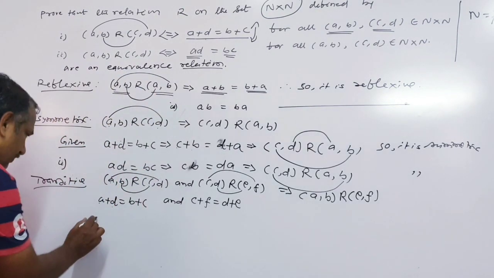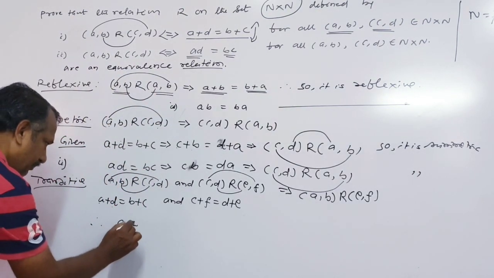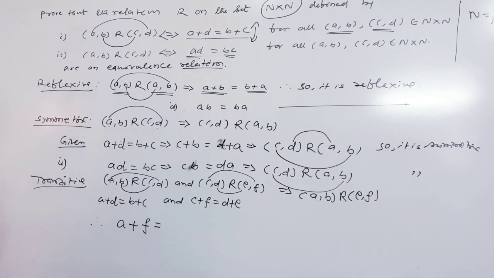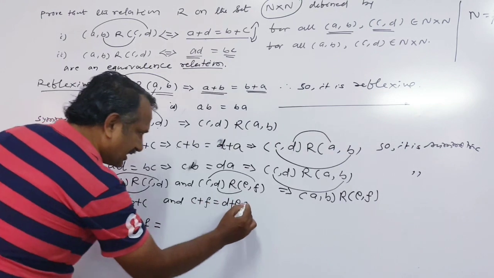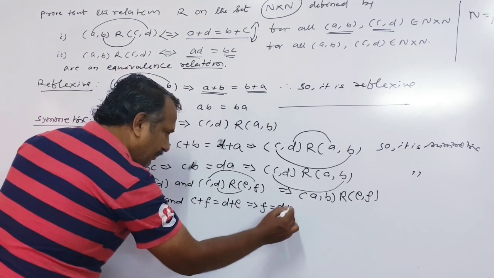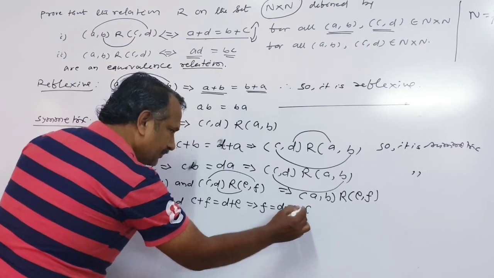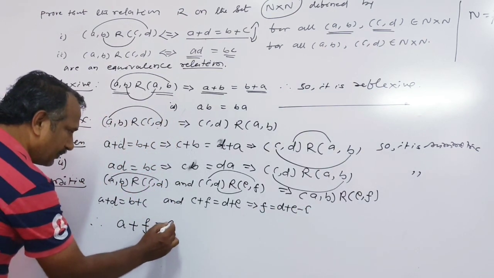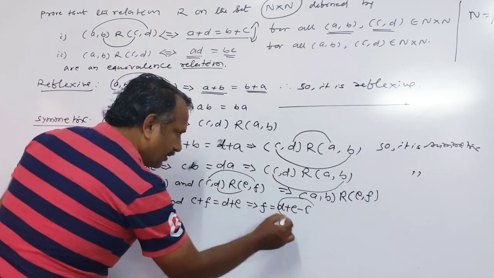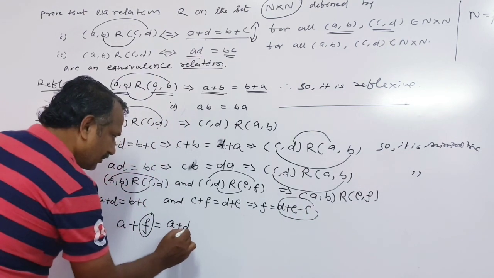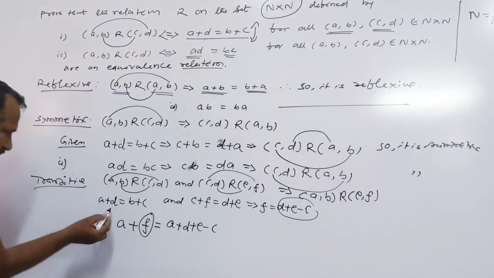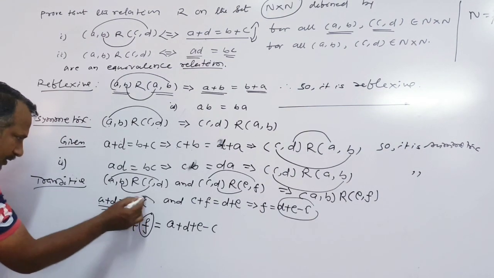Now therefore a plus f. Okay. From this relation, what is that? Find out. f equal to d plus e minus c. Now you substitute a plus f, where f is d plus e minus c. What is a plus d? b plus c.